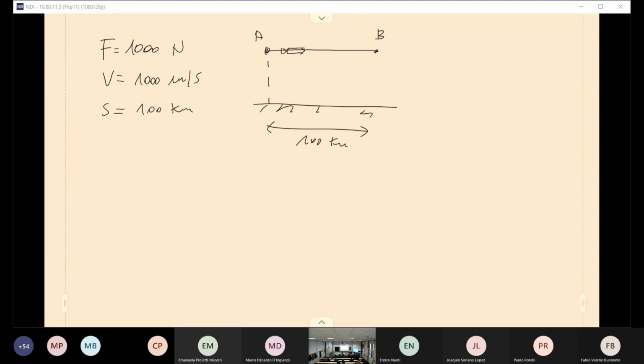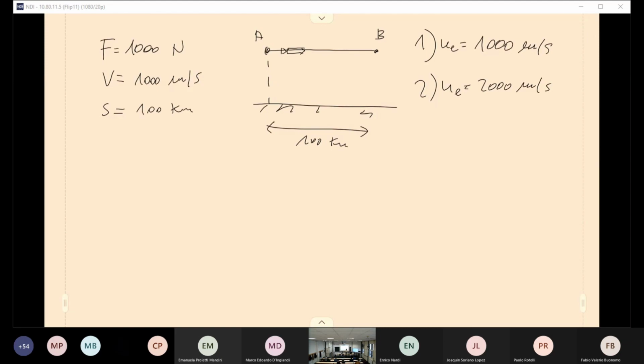One, where we have an exhaust velocity, or equivalent exhaust velocity, of 1000 meters per second, and another one where we have twice this specific impulse.